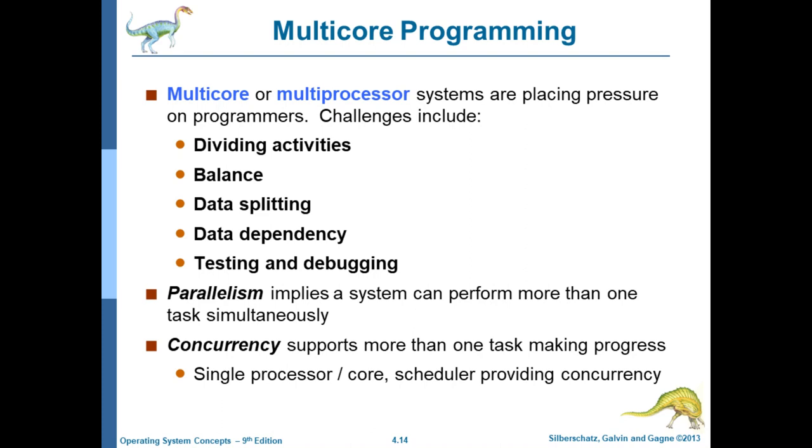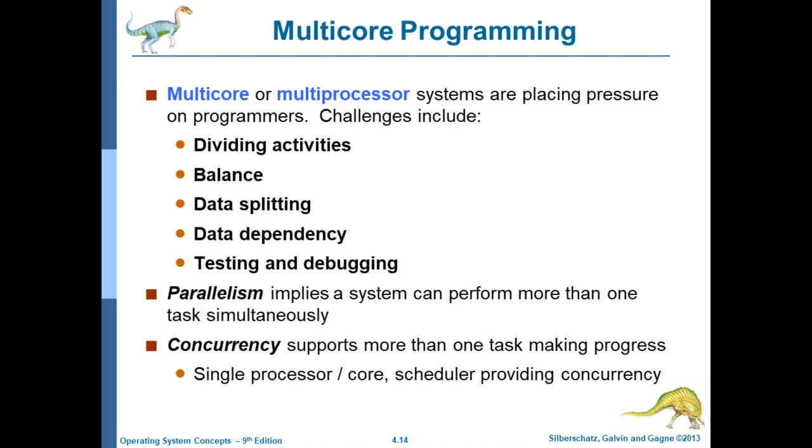Concurrency supports more than one task making progress. For example, if we have a system with 1 core or processor, it can still switch between different tasks and give the illusion of parallelism.